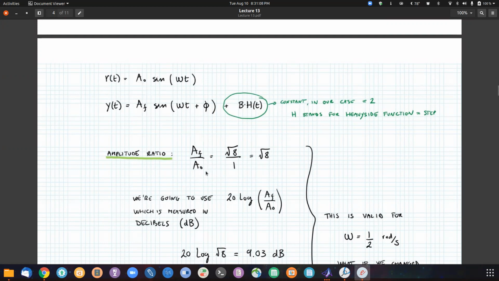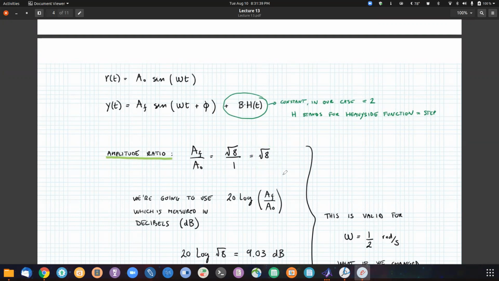So we can see whether the system shrinks or enlarges the amplitude of the input. In our case, the amplitude of the output is equal to square root of 8, whereas the amplitude of the input is 1. So the signal has been increased in amplitude by a factor of square root of 8.